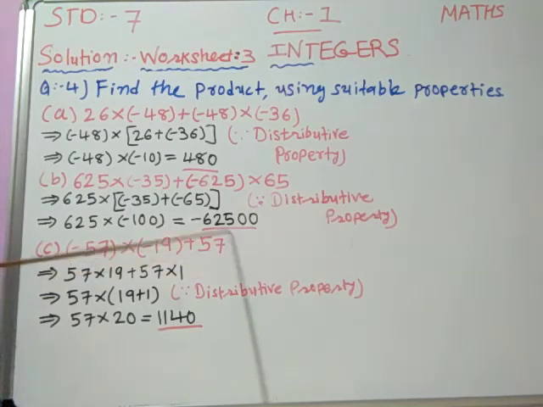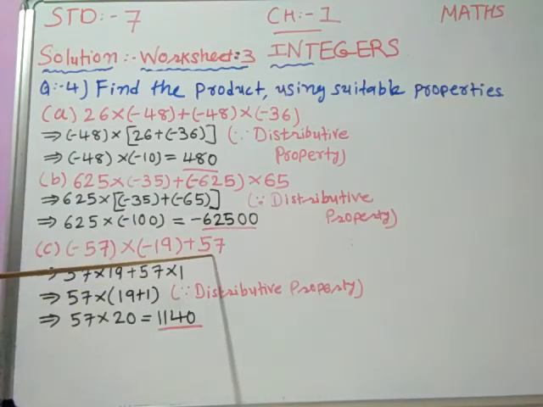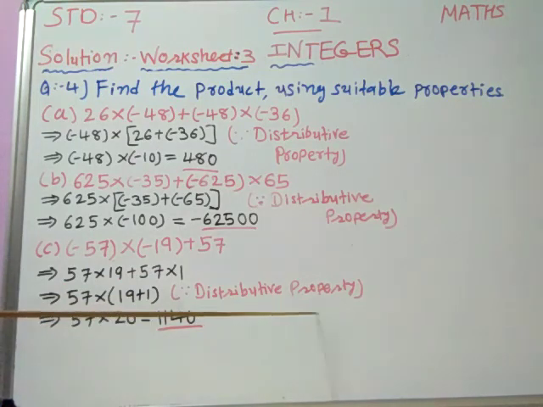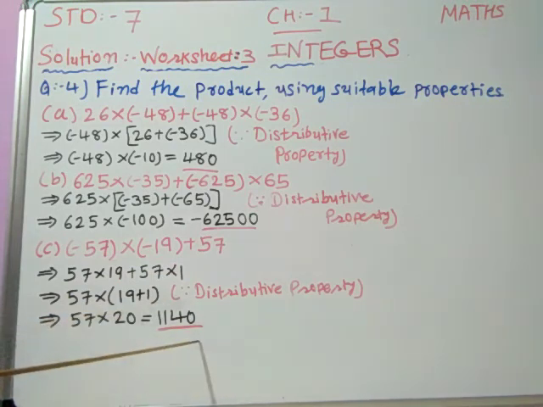And here we can also write 57 multiply 1, because the answer is the same. So 57 multiply 19 plus 57 multiply 1. Now in these two terms 57 is common. So put the 57 outside of the bracket, multiply 19 plus 1. It is called the distributive property. Now 57 multiply 20 is equal to 1140.